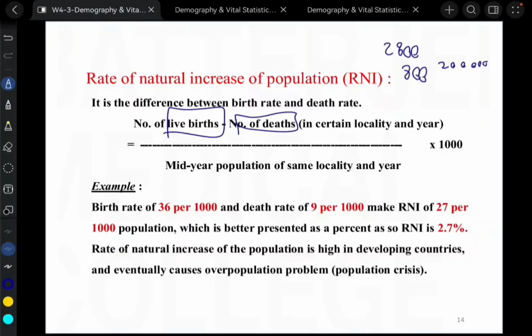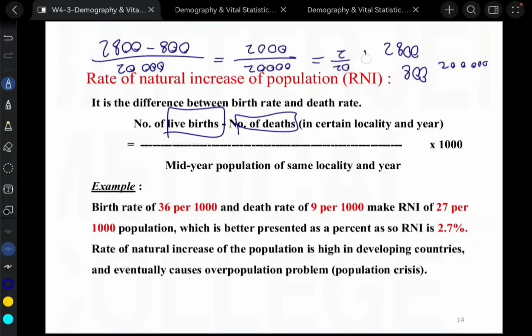So my equation will be 2,800 minus 800 over 20,000. That will give us 2,000 over 20,000, which is basically 2 over 20, 1 over 10, that's 0.1, right?